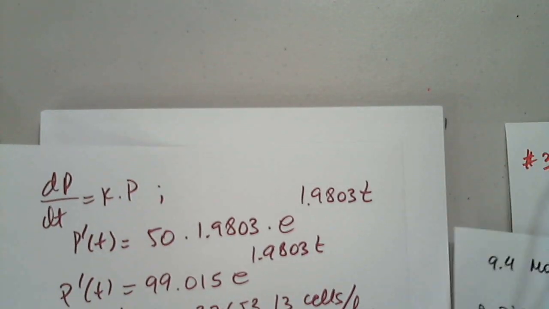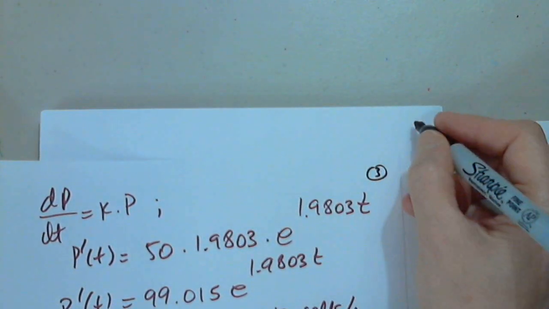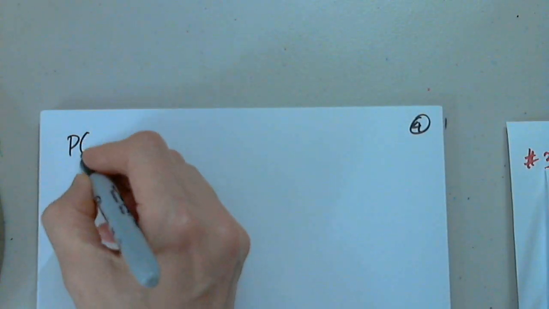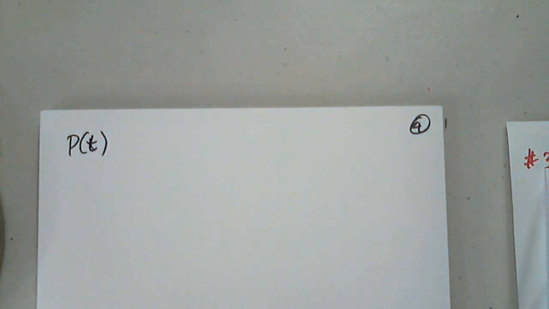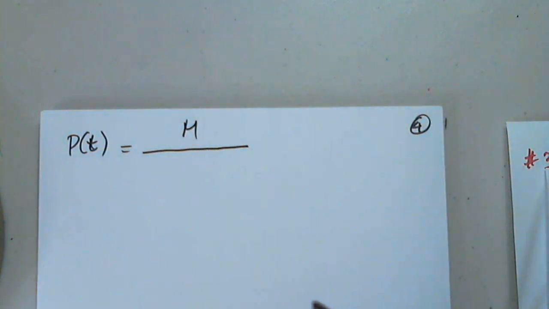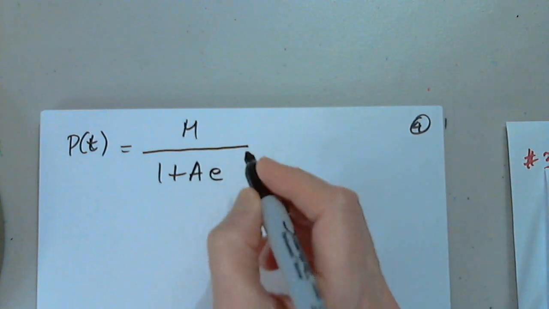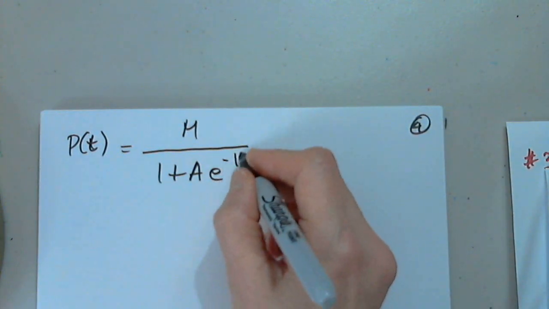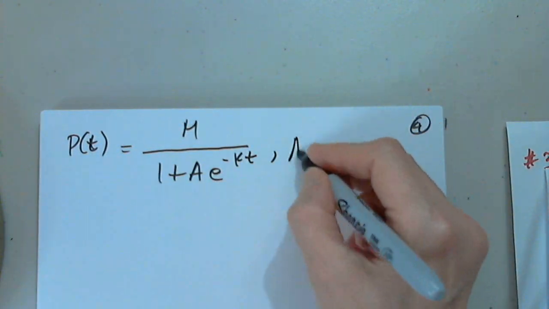Okay, so let's take a look and see how we solve this. I forgot, this is page 3, and this is my page 4. When we go through the steps of solving that differential equation, the final answer, the population function, will be m over 1 plus a times e to the negative kt, where a is a constant.